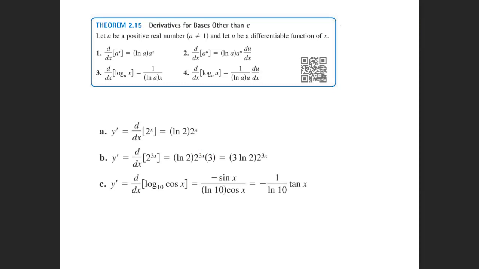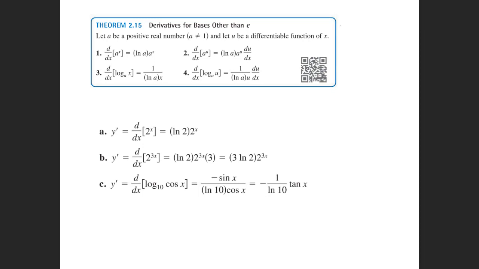Then we also have these other derivatives, and you will not see these in too many places, okay? But they are derivatives that you should be familiar with just in case. If you have a to the x, so let's say you had 2 to the x, then the derivative of that is natural log of a times a to the x.